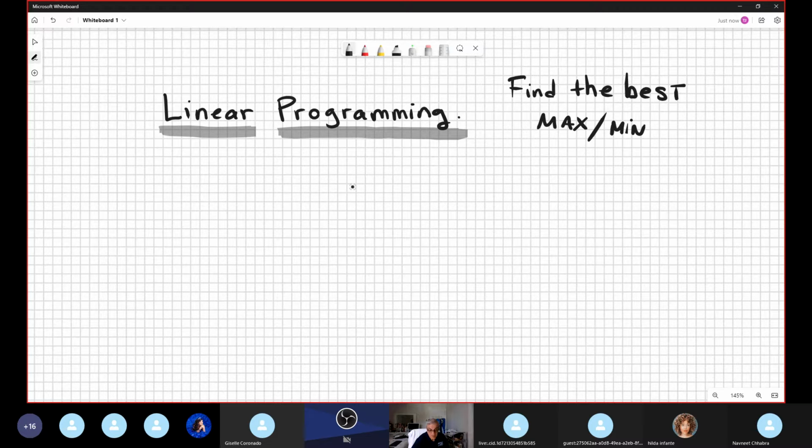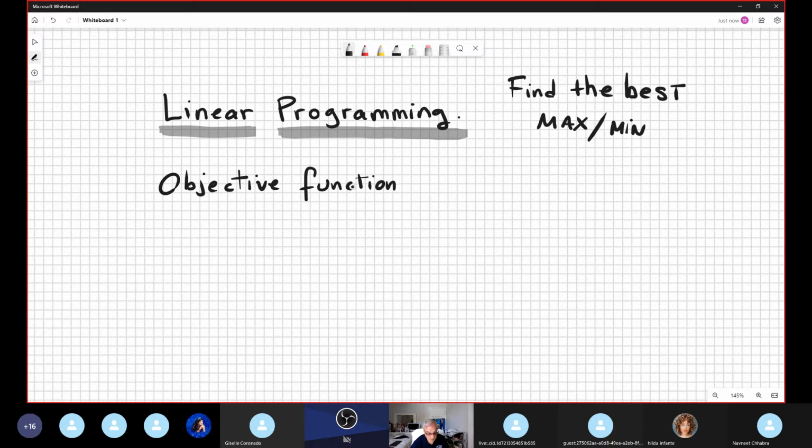Now, the linear programming problem contains two pieces of information. The first is the objective function.